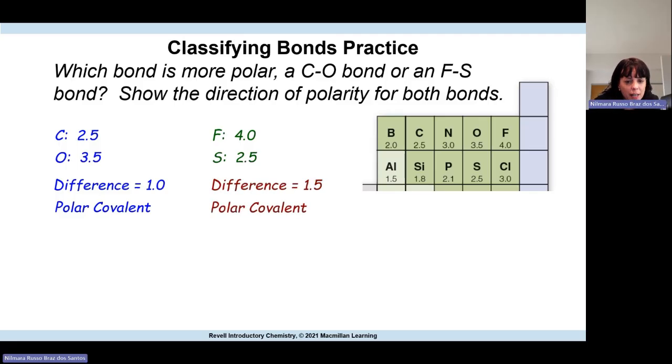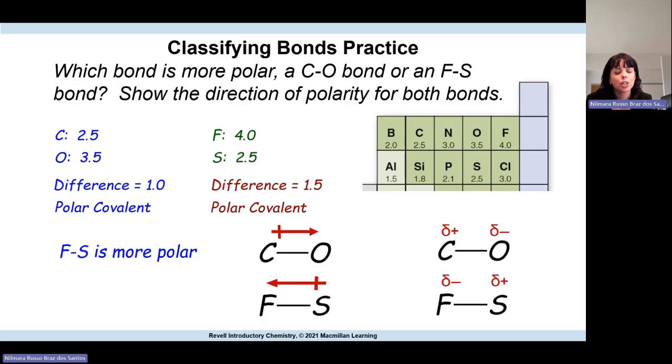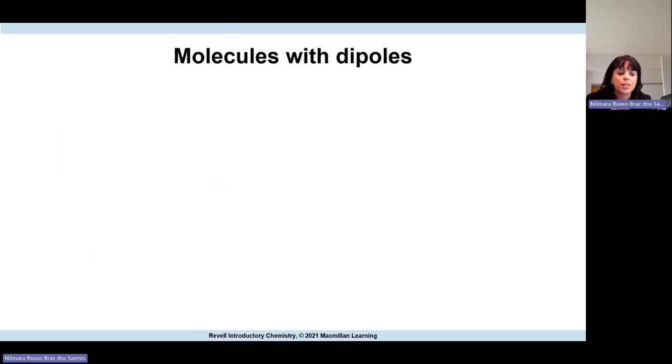Both are polar covalent, but FS will be more polar. Okay? And how are you going to show this? We're going to use the cross arrow pointing to the most electronegative element. And you can show the charge, like the delta negative shows that oxygen is pulling the electrons to its side, and in the other case, fluorine is pulling the electrons to its side.